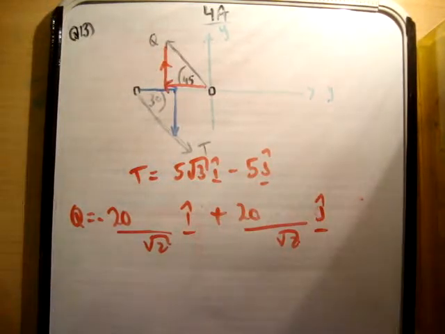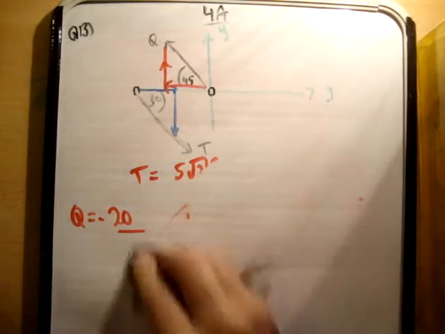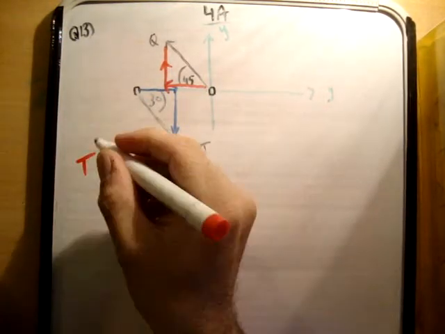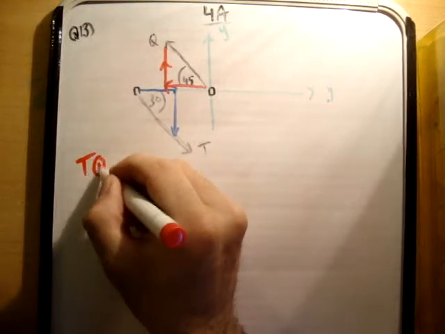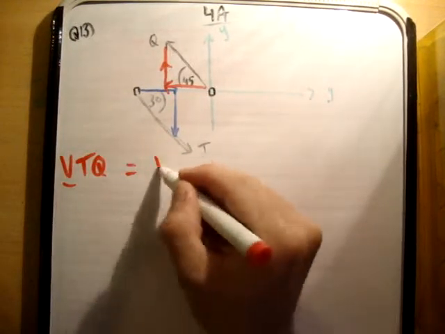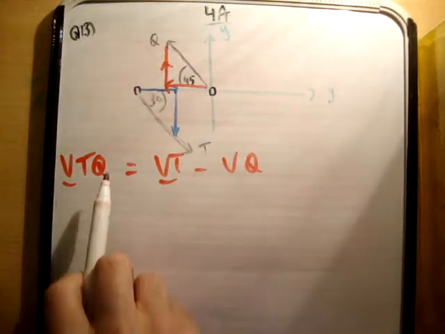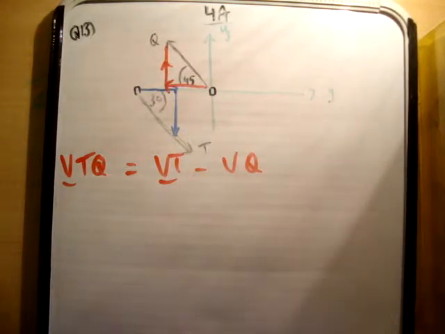Like so. So the next thing we're going to do is get the velocity of T relative to Q. It's written mathematically as V_TQ like this, and that's equal to V_T minus V_Q. Of course, this means that Q is stationary, so that's the one that's not moving.